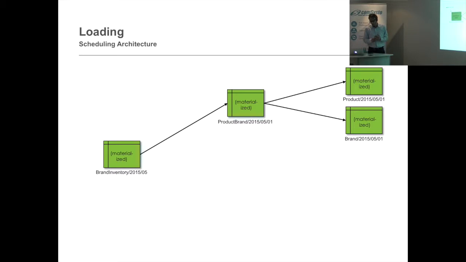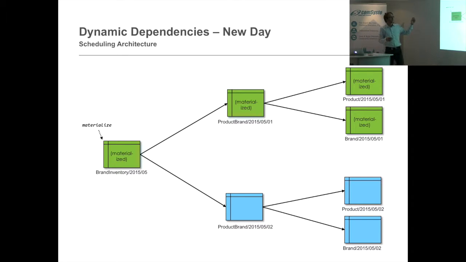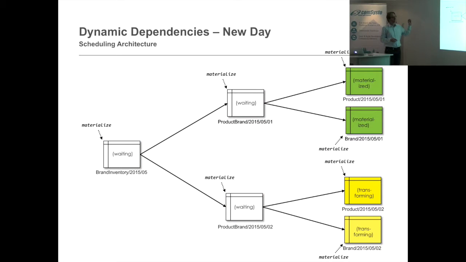So what happens if we have a new date? So let's say this table is monthly parameterized, and on the next day there is new data coming in. Then again on the next day we tell this table to materialize. Then what happens is, again we send the materialize messages down the road.